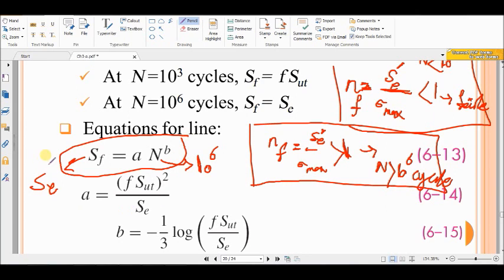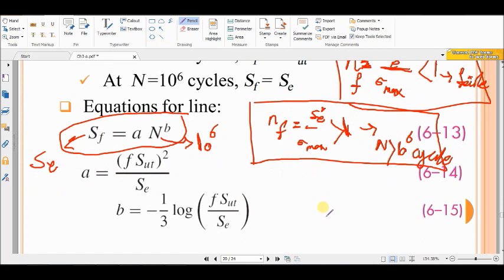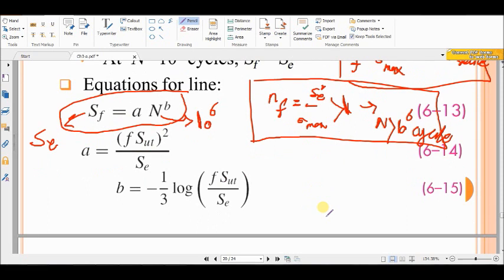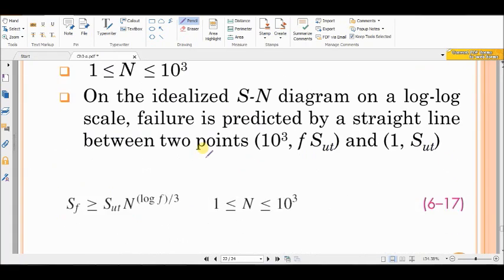So I will repeat one more time that this equation is only valid for finite life and for the case that load is completely reversed, sigma max equals the absolute value of sigma mean, and you are not allowed to use it for fluctuating load.